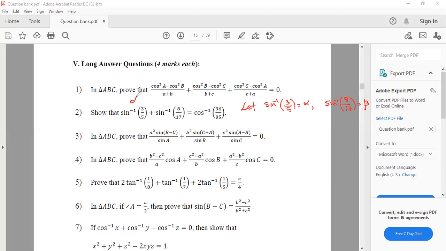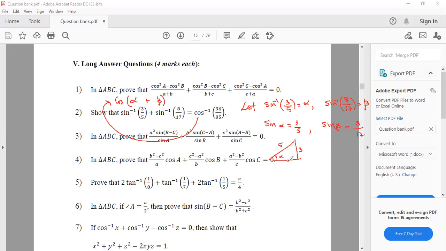And then in your mind, don't write it on paper, you need to calculate cos of alpha plus beta. This is to be kept in mind. So sine alpha is 3 by 5 and sine beta is 8 by 17. Then make a triangle and find out cos alpha's value.